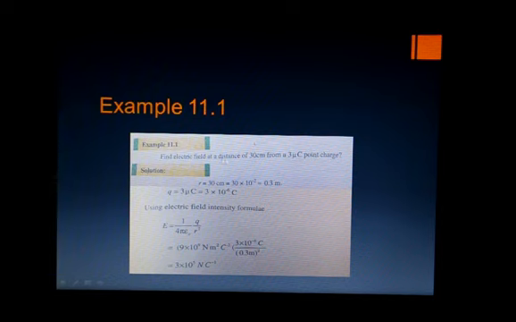So what is given here? R is equal to 30 centimeter. We are going to convert centimeter into meter. For this purpose, you have to divide it by 100, and that is giving you 0.3 meter, right?